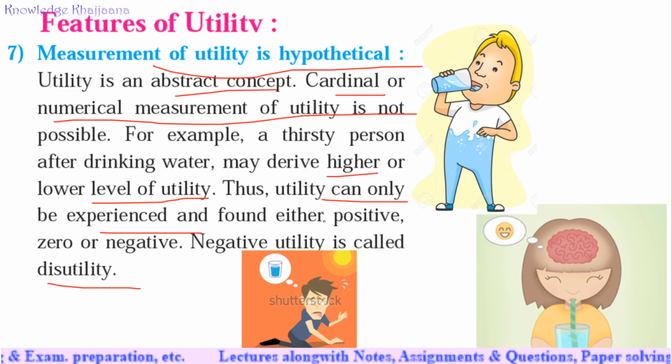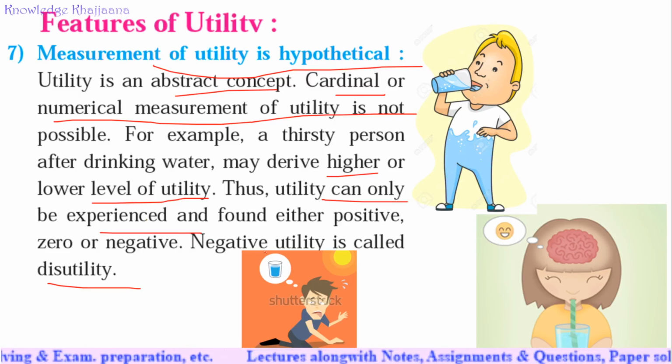But it depends upon the assessment of attitude regarding its power to satisfy his particular want. Now, after drinking lots of water, his attitude has changed. So it gave negative utility to him. So utility cannot be quantified. Utility can be measured ordinally only, but not in cardinal terms.